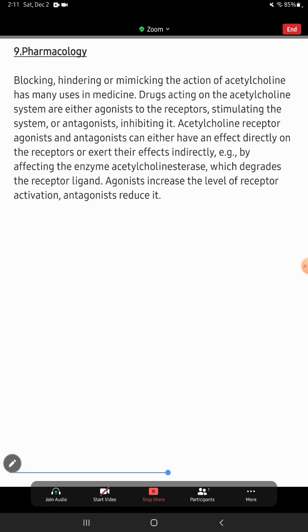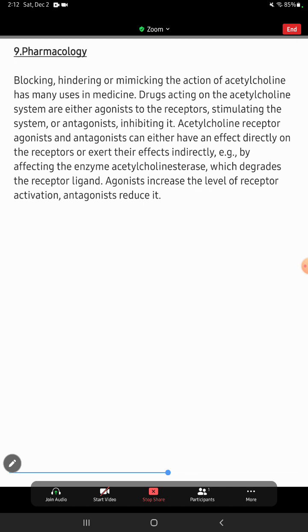Number 9, it has many applications in pharmacology, and acetylcholine is of vital use in making drugs for humans to treat disease.